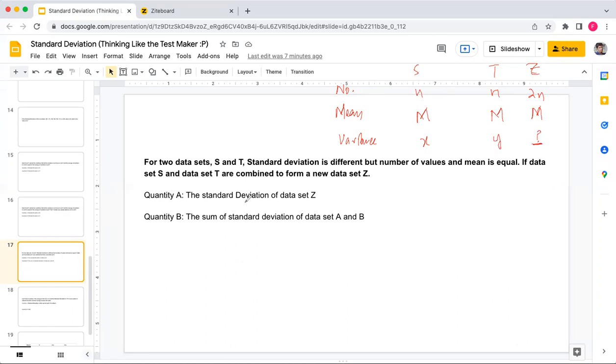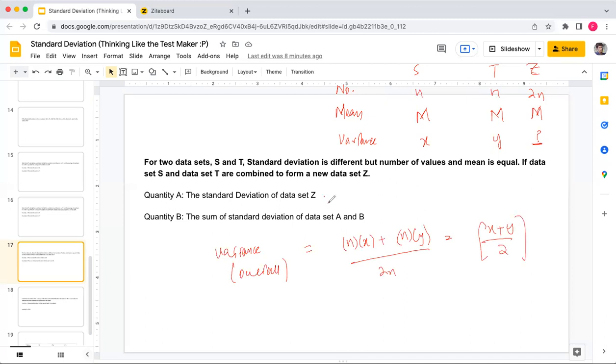So for the standard deviation, first see the variance of our whole set. That will be just the weighted average: n into X plus n into Y divided by 2n, that is X plus Y divided by 2.